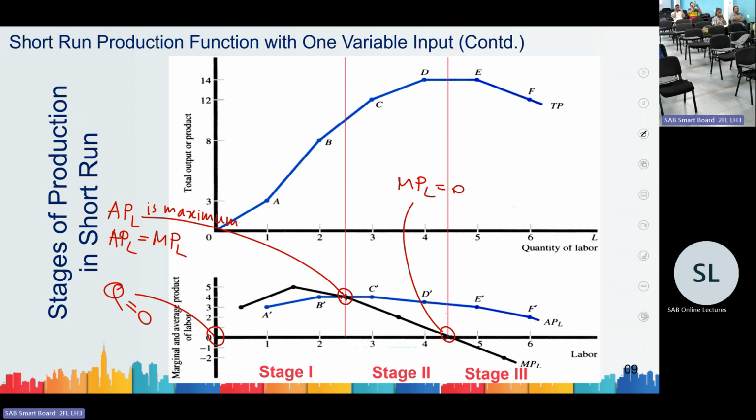And stage 3 starts from the point where MPL is 0, and it continues over the range where MPL is negative. That is how we identify the 3 stages of production in the short run. We discussed this in detail in the previous session.